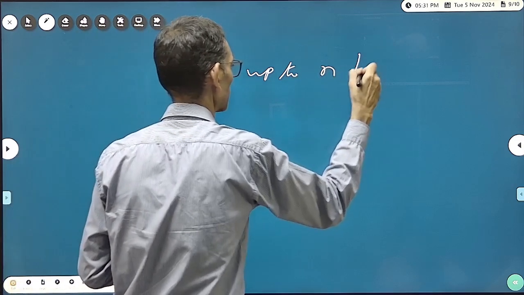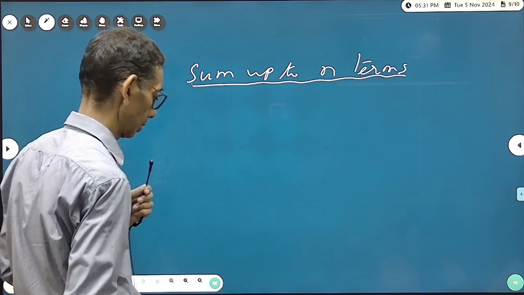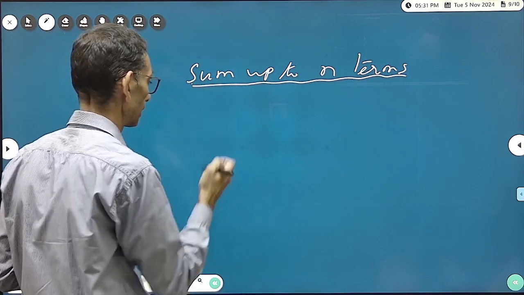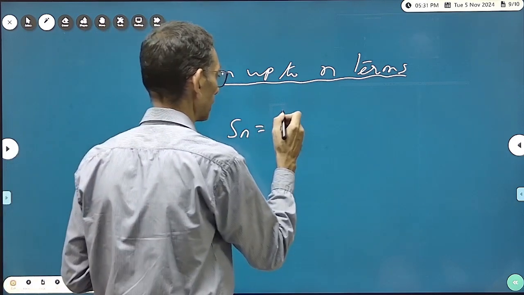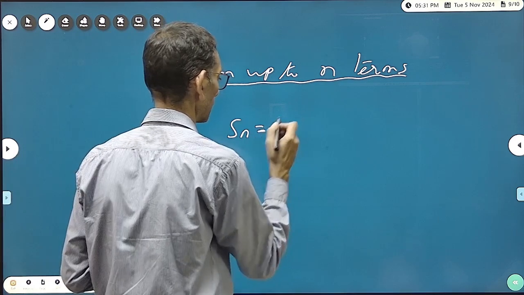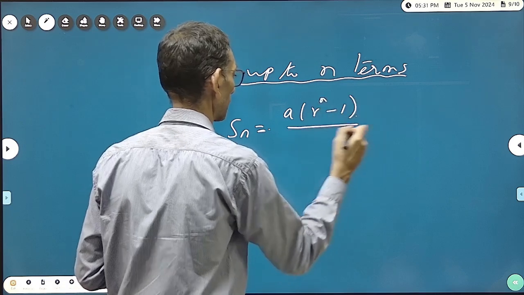So sum up to n terms. Sum up to n terms, Sn. Sn to hobo a into r to the power n minus 1 divided by r minus 1.